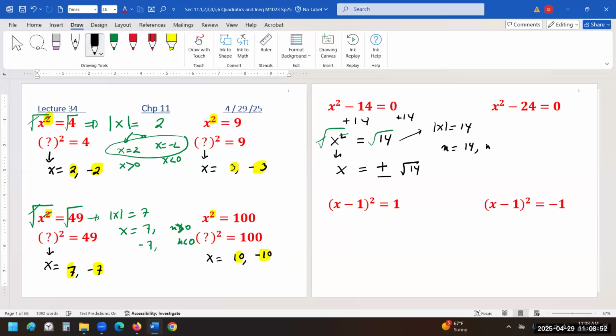Either it is positive square root of 14 if your x is on the right side of the function, or your x is negative square root of 14 if your x is on the negative side of the function. So we don't write that. Instead, we simply say our answer is either plus square root of 14 or minus square root of 14.